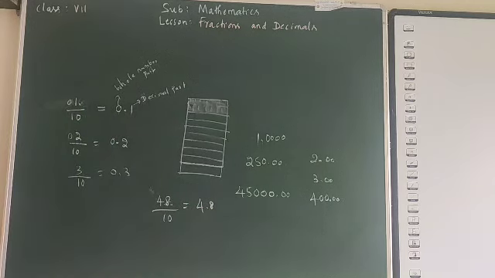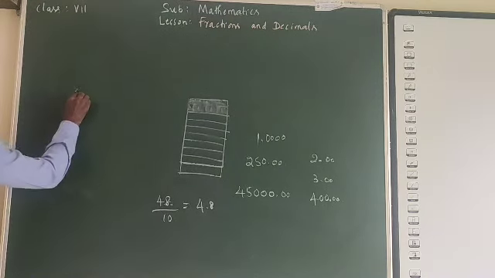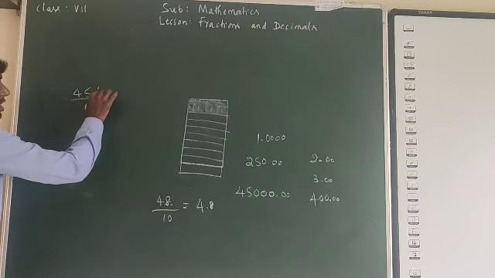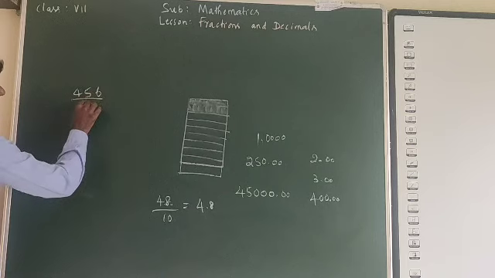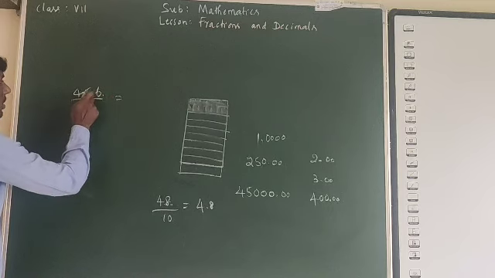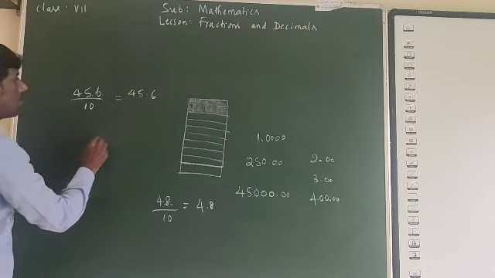Correct? Okay. Let me take 3 digits now. 456 divided by 10. By default the decimal point will be there, right, after the unit digit. So I am having 1 zero. That means I need to bring the decimal point 1 digit left side. So here it is, that is 45.6.